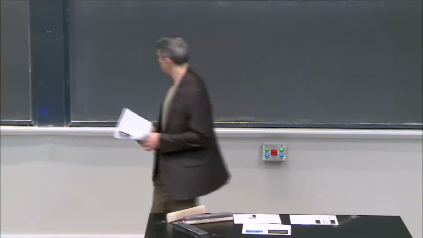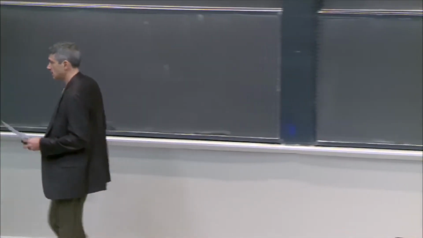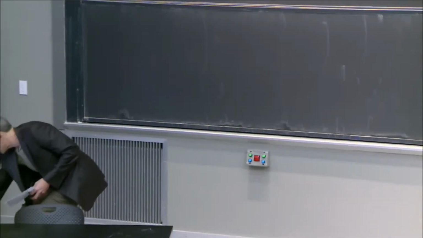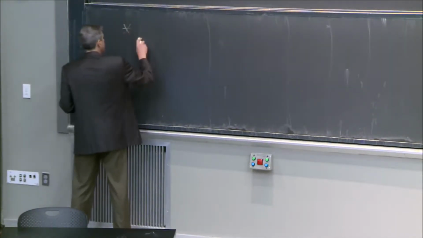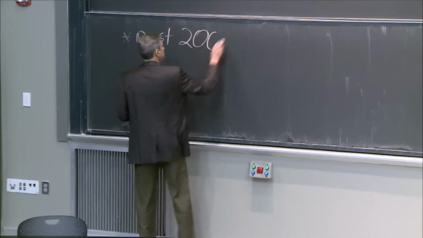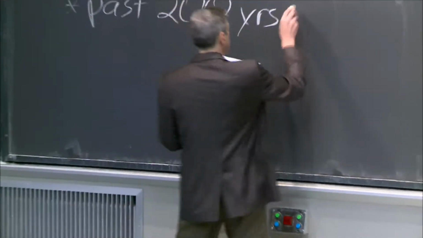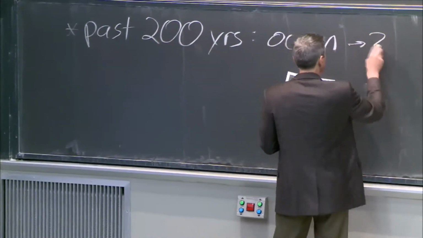If you just write this number down because it's so astonishing: in the past 200 years, the ocean has become 30% more acidic.